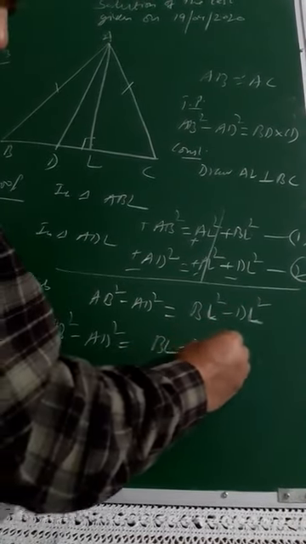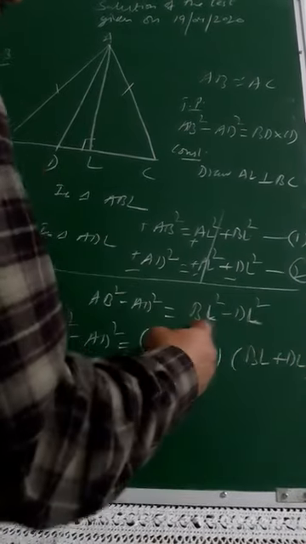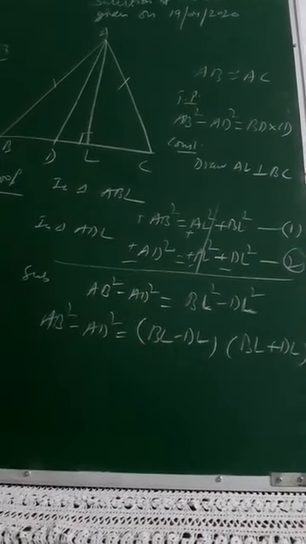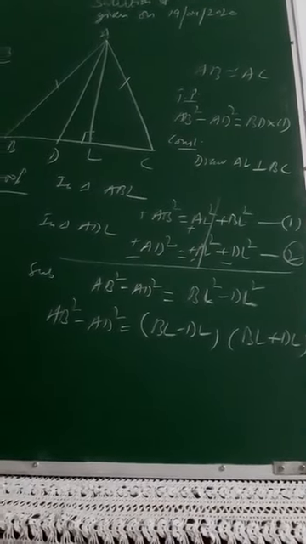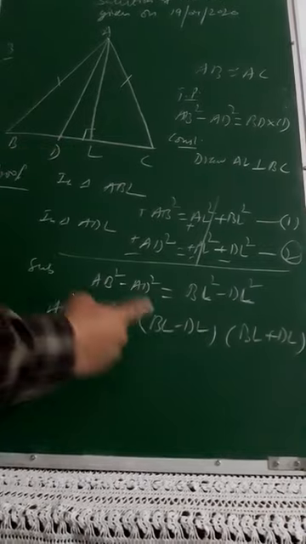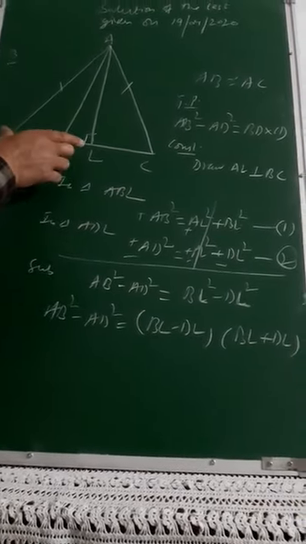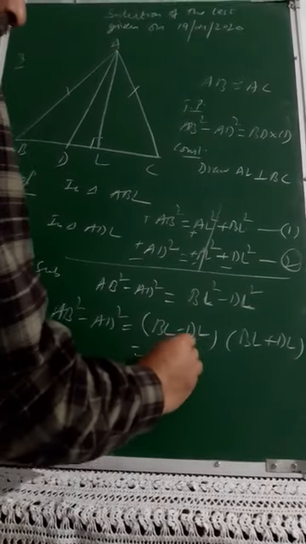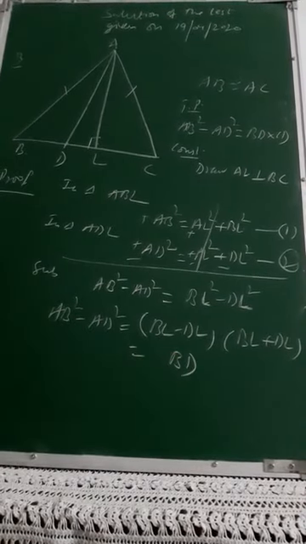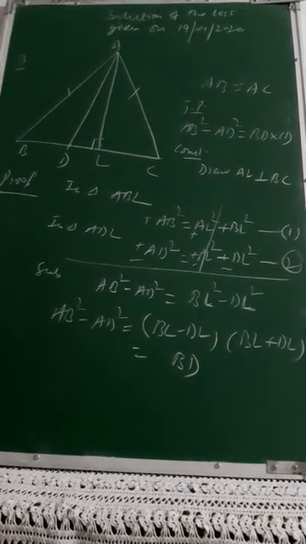So apply that: A square minus B square is equal to A minus B into A plus B. So BL minus DL and BL plus DL. Now I need somewhere BD there. If I subtract this DL from BL, automatically I will be left with this BD. Then this BL plus DL.